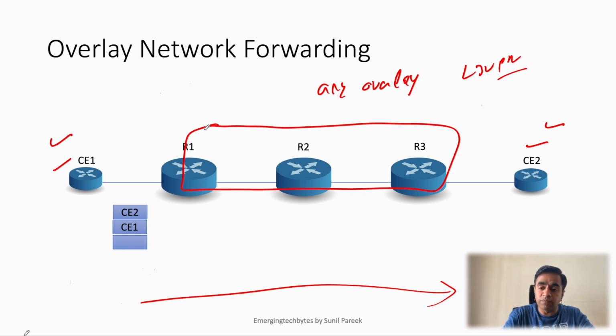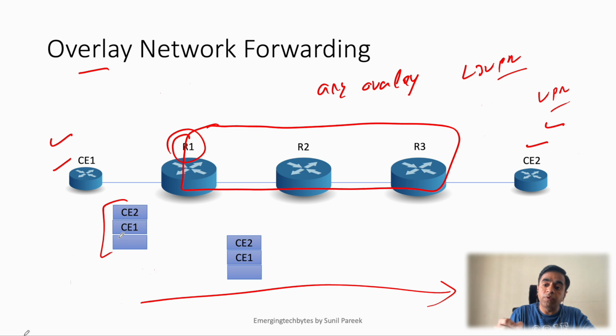CE1 at location 1, CE2 at another location, and they want to communicate over a VPN or overlay. What will happen? This R1 will take this entire packet, and I repeat, will take this entire packet and encapsulate it in a completely different new packet.